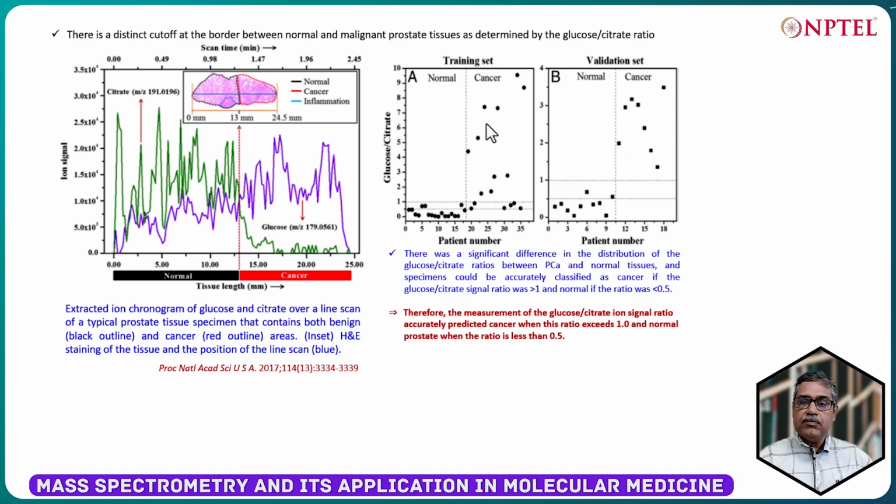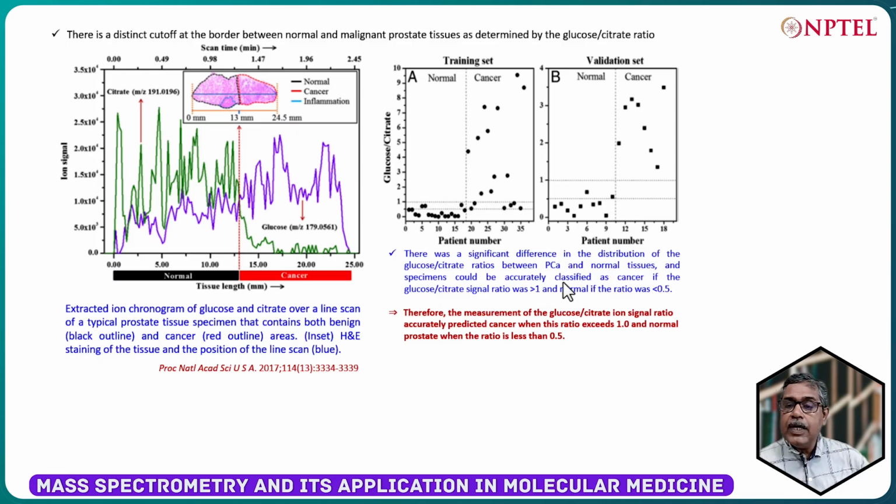Now, in this plot, this ratio has been plotted for several normal subjects and cancers. That was the training set, and this is the validation set, again with the same strategy: glucose over citrate ratio of normal tissues versus cancerous tissues. So, what was the observation? There was a significant difference in the distribution of the glucose over citrate ratio between prostate cancer and normal tissue.